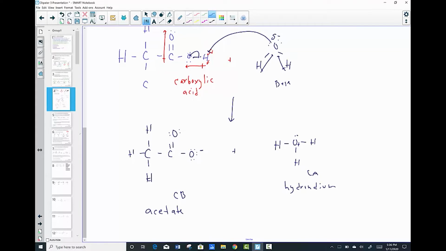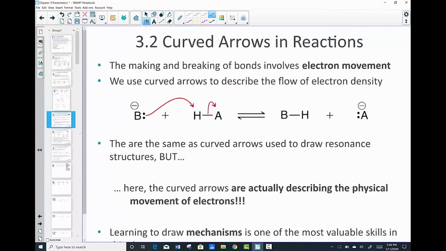chemistry. So I've been showing these curved arrows as representations of electron movement, and we use them to describe the flow of electron density. They're very much the same arrow describing resonance that we used in the last chapter, but that was more of a delocalized bond, right?